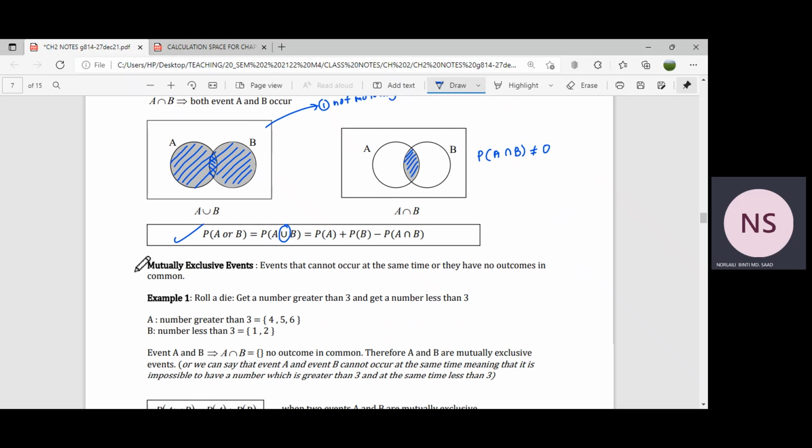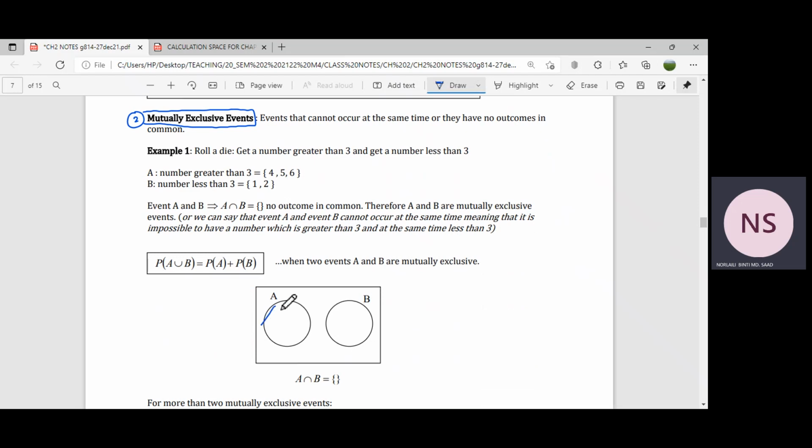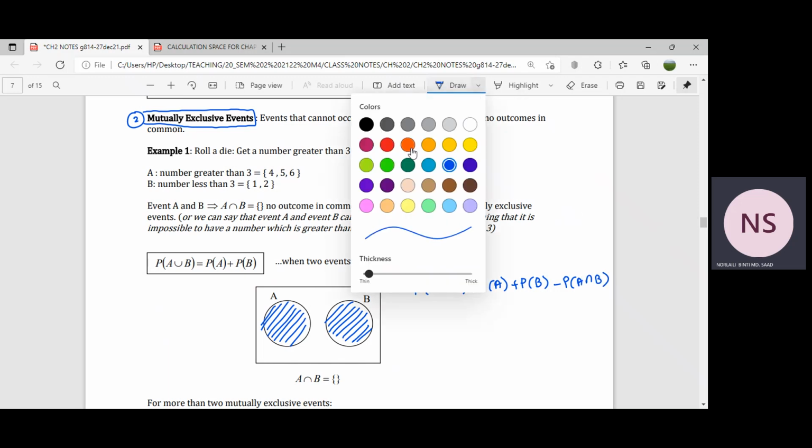The second case is the mutually exclusive event. Here, events A and B are totally separated, like this. When you want to find the probability of A union B, we just add the probability of A plus the probability of B. So we have P(A) plus P(B) minus the intersection, but if you look at the intersection here, it is equal to 0.